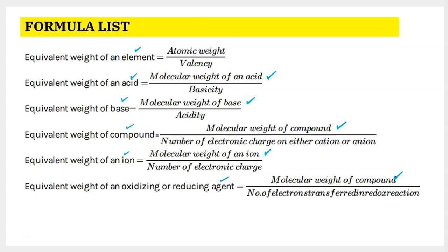The denominator is the only one that changes. So if you remember the denominator, it's going to be easy. Out of all these formulae, one special formula is the first one, which doesn't match anything else. So keep this in mind separately.